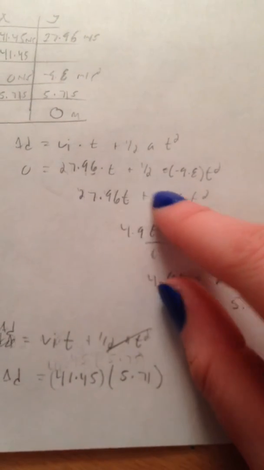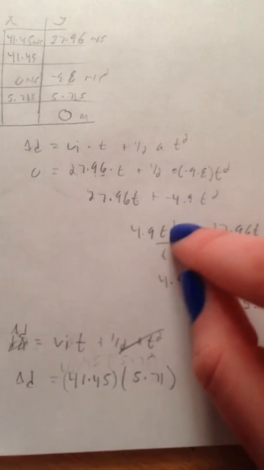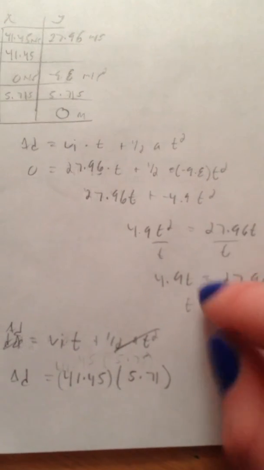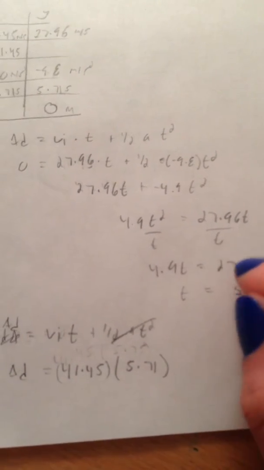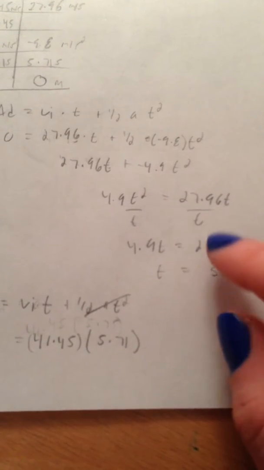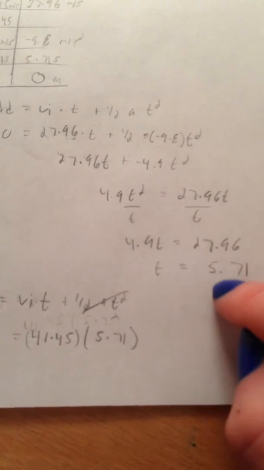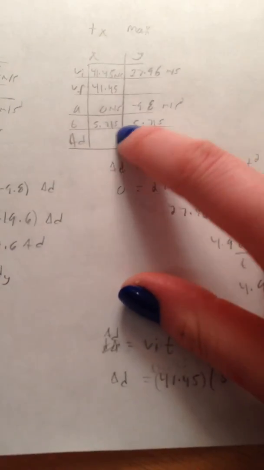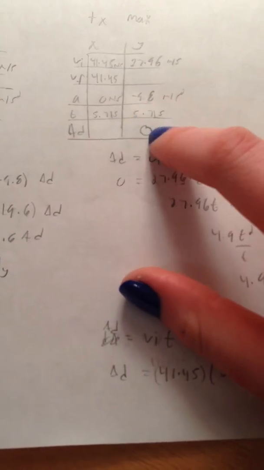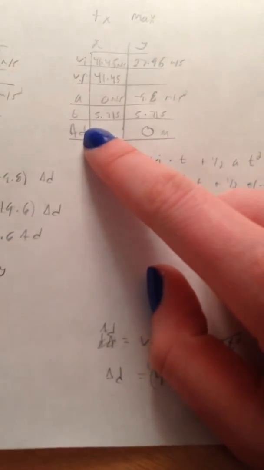I then multiplied 1/2 negative 9.8 to get negative 4.9. I added 4.9 t squared to the other side, divided by t, and then divided by 4.9 to get t equals 5.71 seconds. So I plugged that back in, and I know that these two equal each other, so I could just take this and put it to this side.